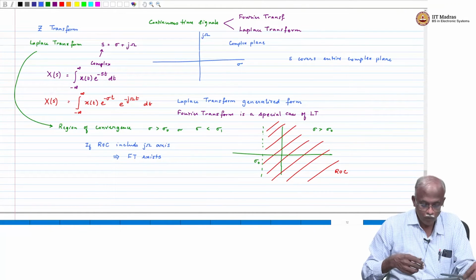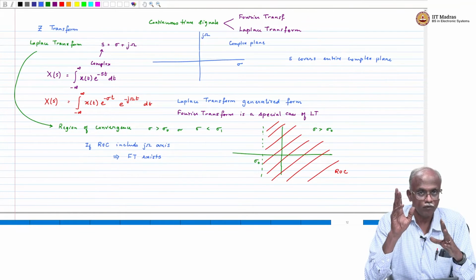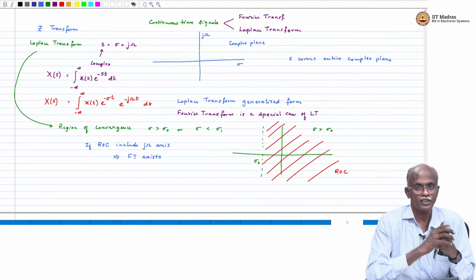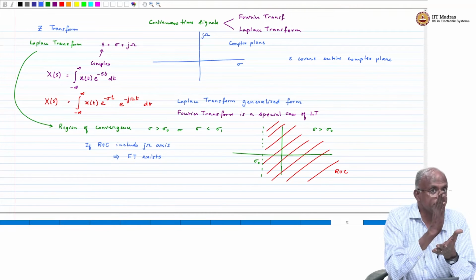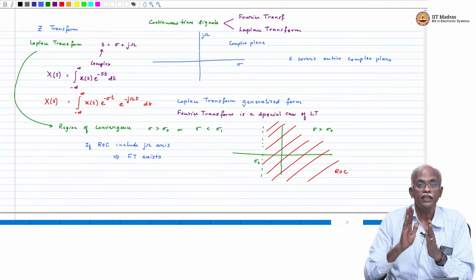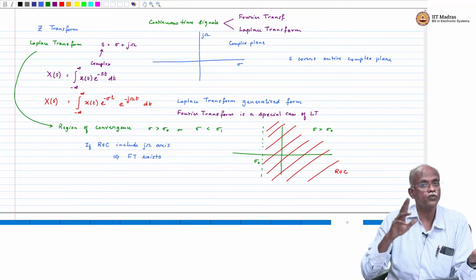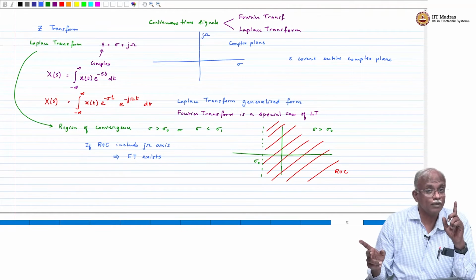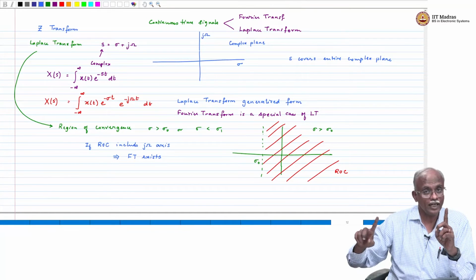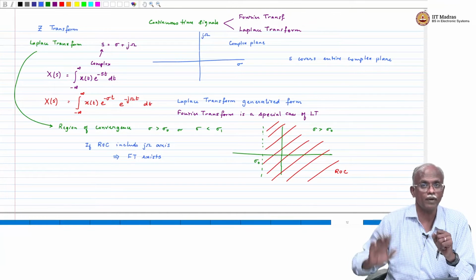So, here is a summary of what we have said so far. We are very comfortable using the Fourier transform. Fourier transform happens to be a special case of the Laplace transform, and if the Laplace transform's region of convergence includes the j omega axis, which is the imaginary axis, then the Fourier transform will exist and we can apply either the Laplace transform or the Fourier transform. But the important thing to note is that even if the Fourier transform does not exist, the Laplace transform may still exist, and therefore we can still use the transform techniques via the Laplace transform.